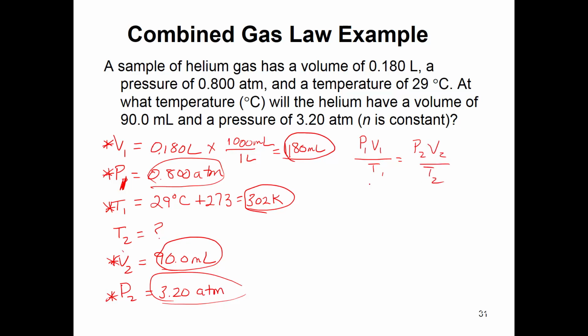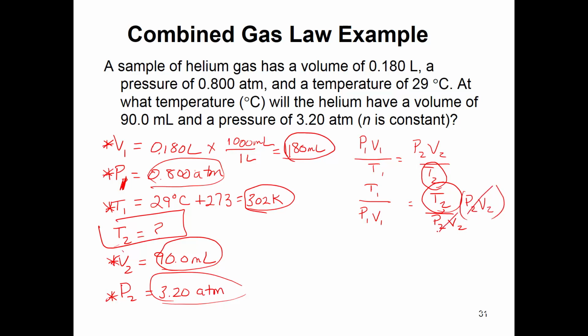Now, which one am I solving for? I'm solving for T2. So I've got to get T2 by itself. First thing I'm going to do is flip it. So T1 over P1 V1 equals T2 over P2 V2. Since I need to solve for T2, I've got to multiply both sides by P2 V2, so I can cancel that.